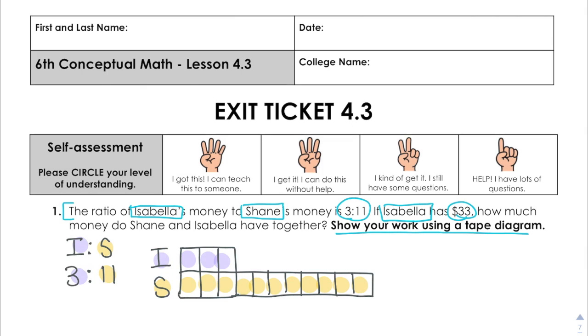That means these 3 purple boxes here have to equal $33. If 3 boxes add up to equal $33, we're going to need to divide 33 by 3 to figure out how much each box is worth. 33 divided by 3 is 11. So we know that 11 is going to go inside of each box.